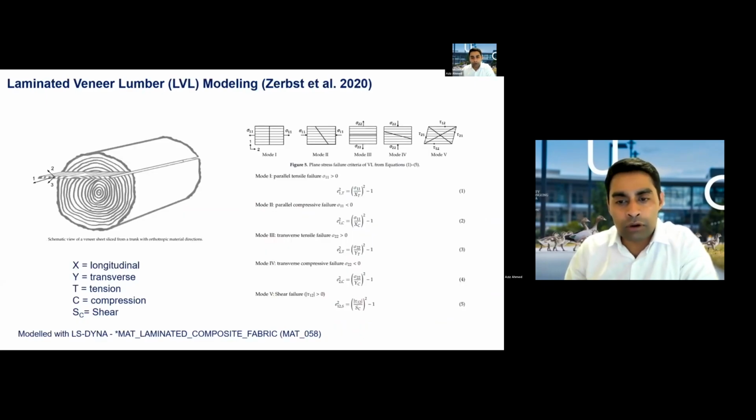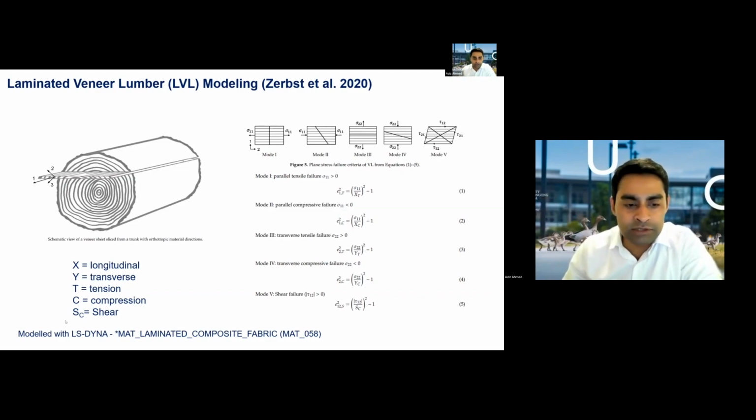Now, we are not modeling timber essentially, because timber is in 3 directions, and they are different. What we are comparing against is laminated veneer lumber, or LVL, and the figure shows schematically how it is produced. So you cut small thin slices from a timber and then glue them together, right?